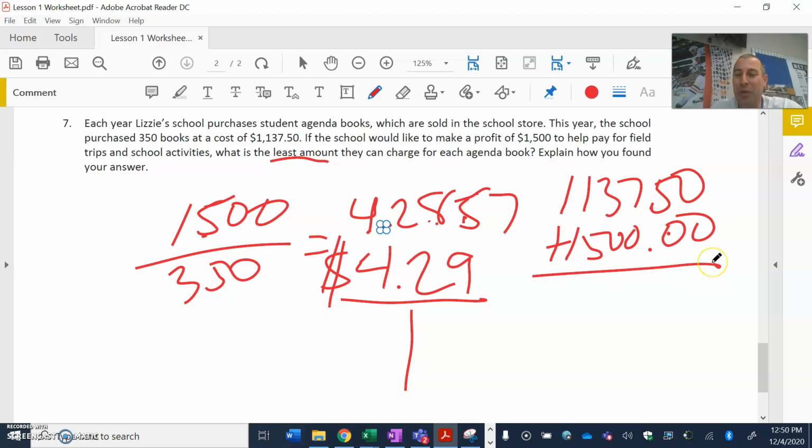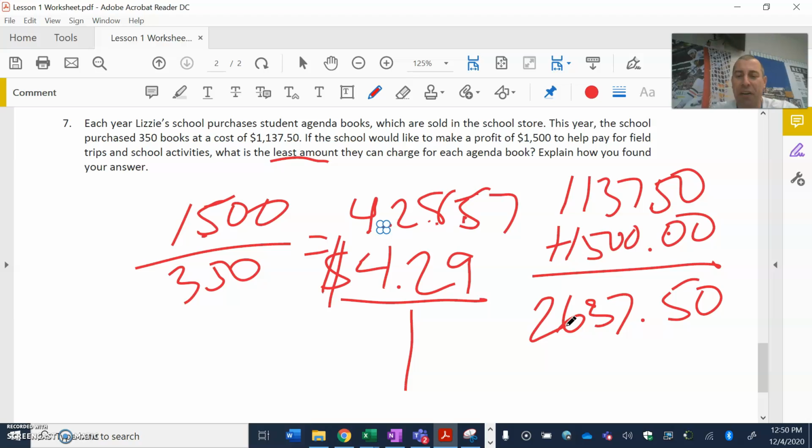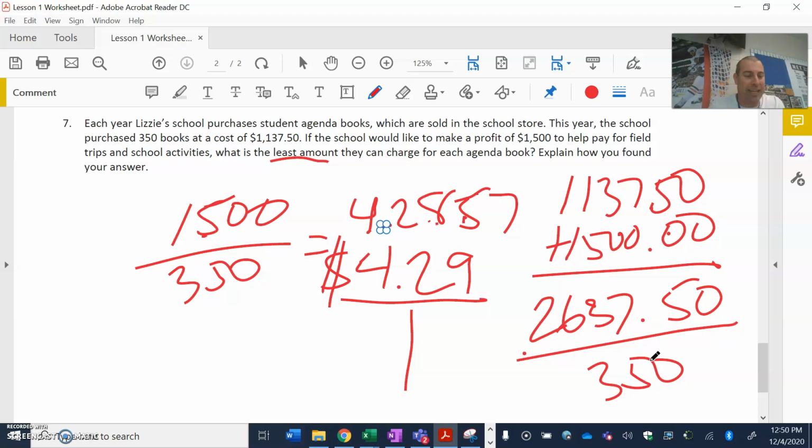If we add this up together, a 7, a 3, a 6, so really what they want to do is bring in this much money for the 350 books. So now I can take this and divide it here. So 2,637, also known as $2,637.50. Let's divide that by the 350.